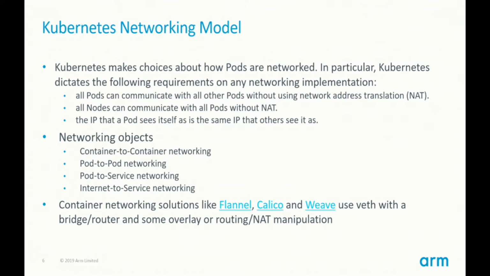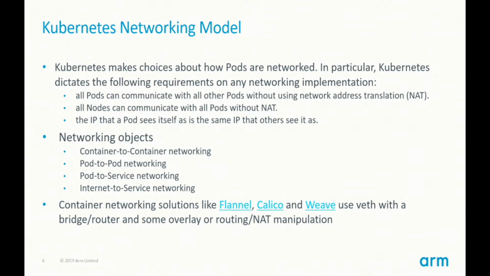For the Kubernetes networking model, we have three requirements. The first is that all pods can communicate with other pods without using network address translation, which means we use the same flat networking address space. All nodes can communicate with all pods without NAT.